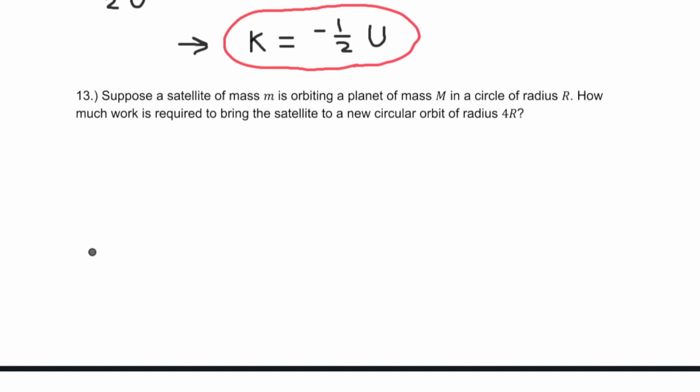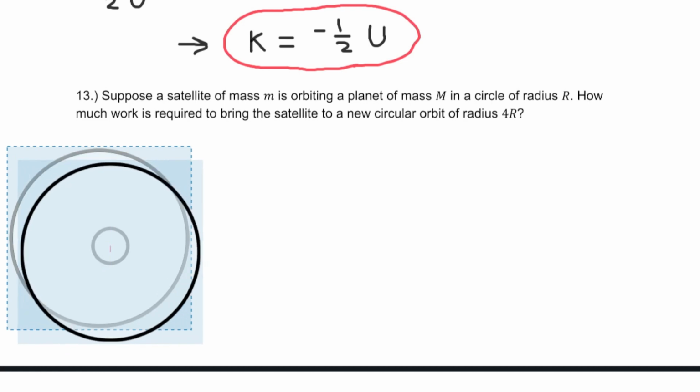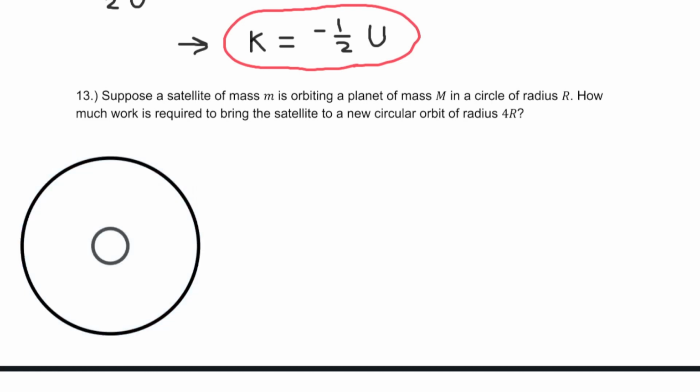So let's just get a picture here just to get an understanding of what's happening. All right, so let's say we have a planet that's orbiting, and we have two different radii. So we're saying originally it's going to orbit in this small orbit r.